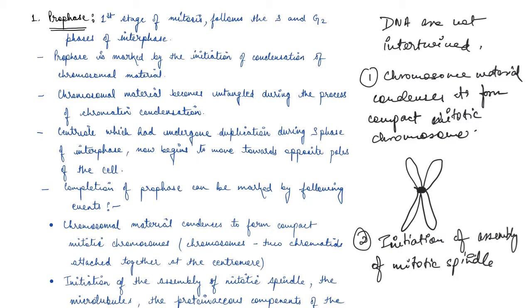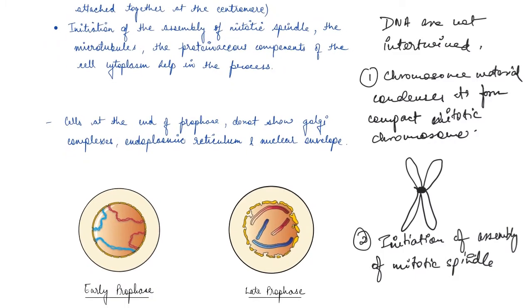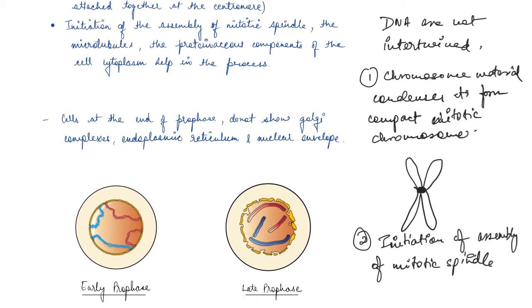We do not have organelles like the Golgi complex, endoplasmic reticulum, nucleolus, and nuclear envelope present during prophase. Remember that, guys. If you see the early and late prophase here, in the early prophase stage the chromosome is not condensed and the intertwining has started.